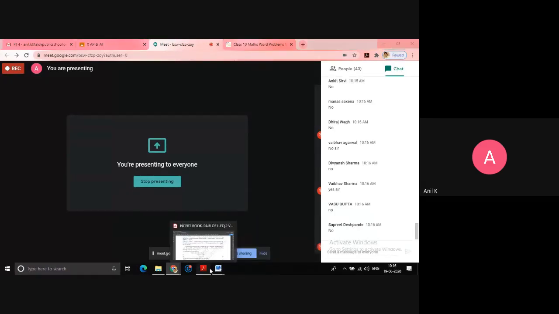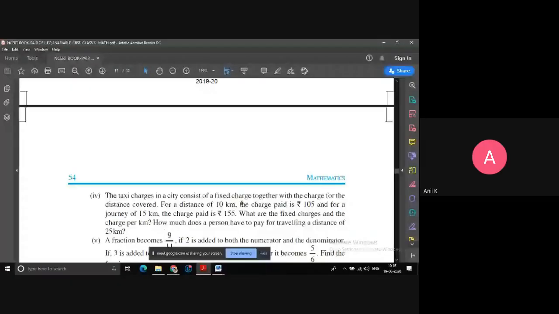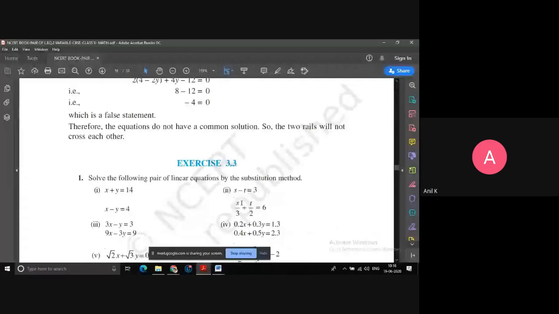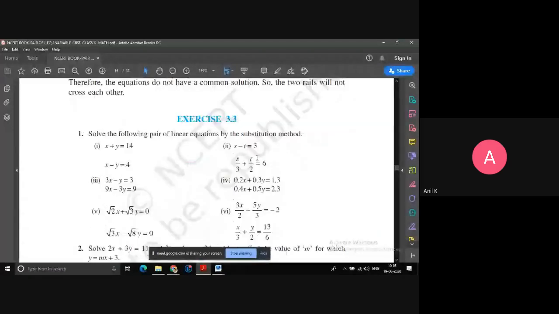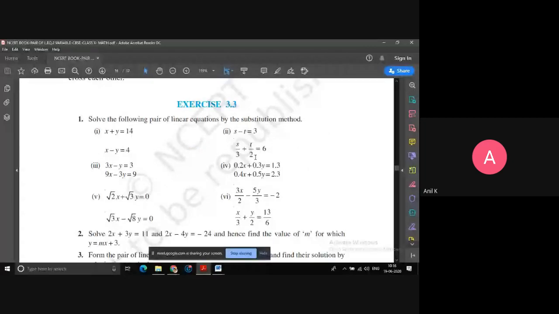So then I think we can start exercise 3.3. Let me see, I think some of them have doubts here. You see the second question in 3.3.